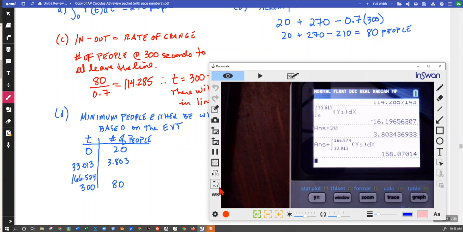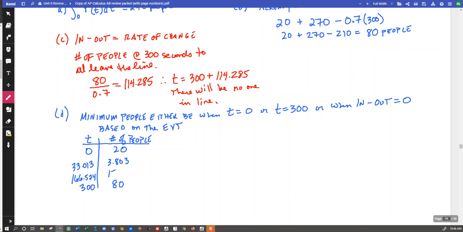That gives me 158.070 people. So therefore, at t equals 33.013, we have the minimum number of people, of about 4, because it does say to the nearest whole number.